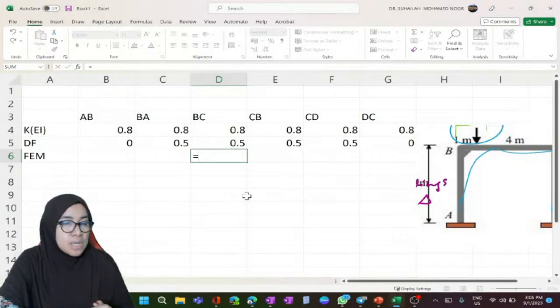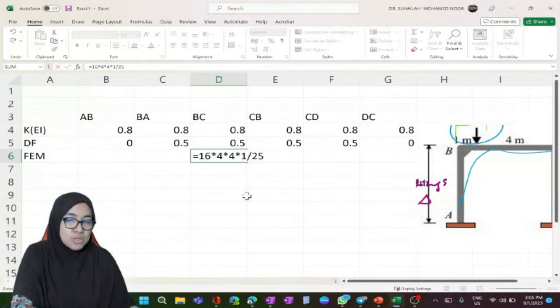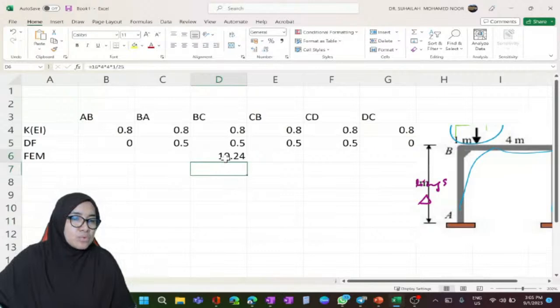So it is 16 times, referring to the formula, 4 times 4 times 1 divided by L square. L square is 25. So we get 10.24.